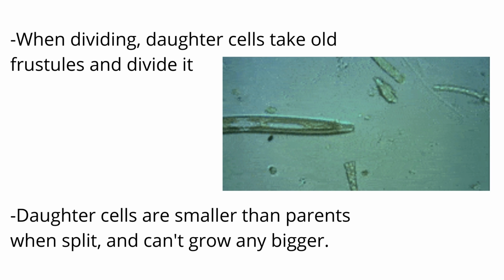One thing to keep in mind about this reproduction is that the parent cells do not grow anymore, and as soon as they receive that old frustule, that is the size they remain at. So as time goes on, the diatoms' size decreases with each division. They become so small that they cannot survive. And that's when they reproduce again, creating bigger diatoms.